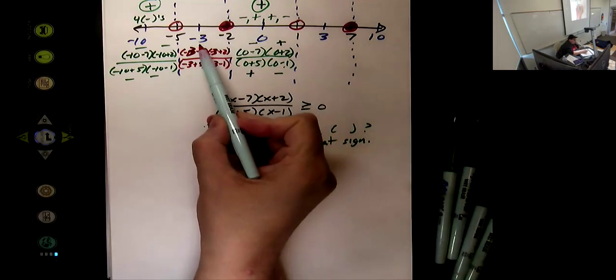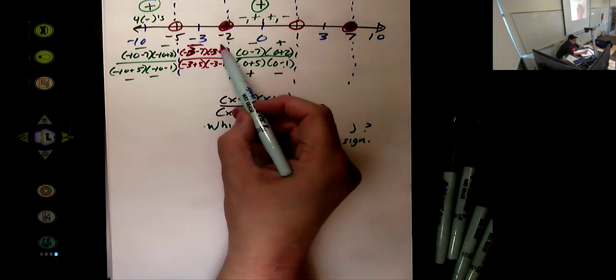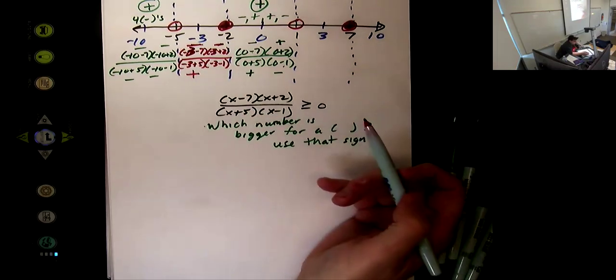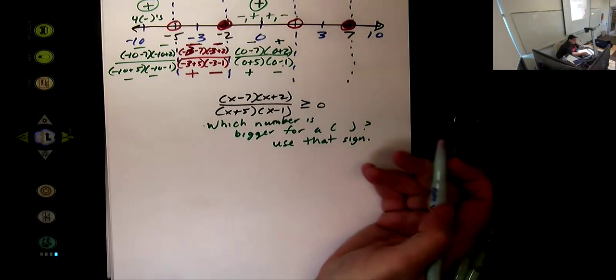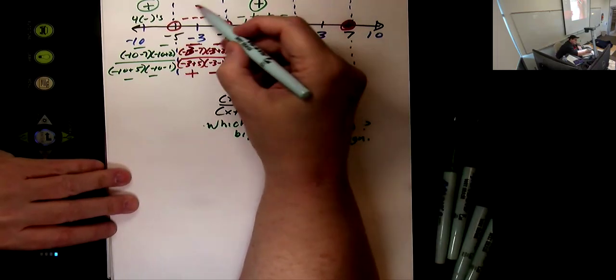The bigger number here is 7, it's negative. The bigger number here is negative 3, it's negative. The bigger number here is 5, it's positive. And the bigger number here is the 3, it's negative. So I have a negative, negative, positive, negative. This region is negative.